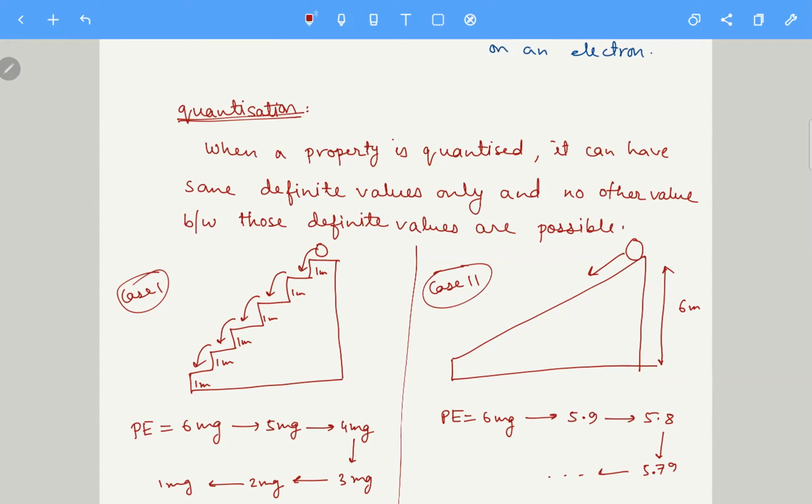Case 1: the gravitational potential energy is quantized.